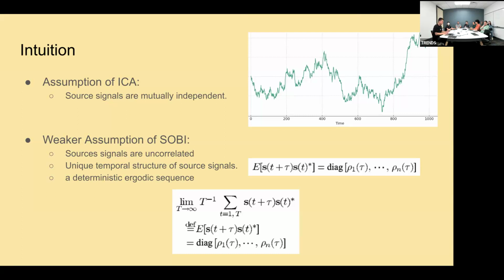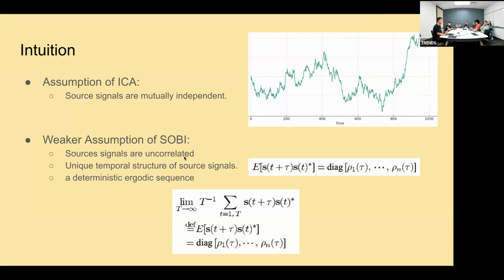Even if we consider two Gaussian distributions independent, when you have a finite number of samples, like 10 or 20 samples from two Gaussians, they can be highly correlated. It is possible. So sometimes independence is not very powerful for separating things.